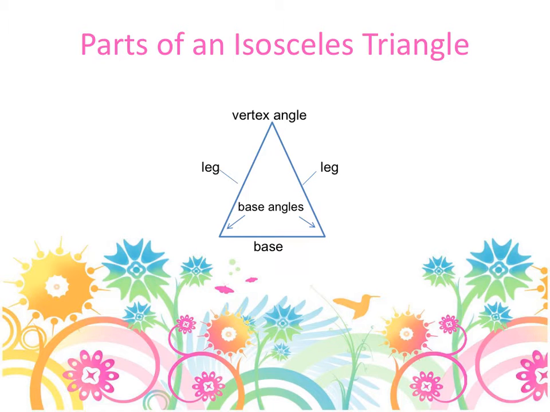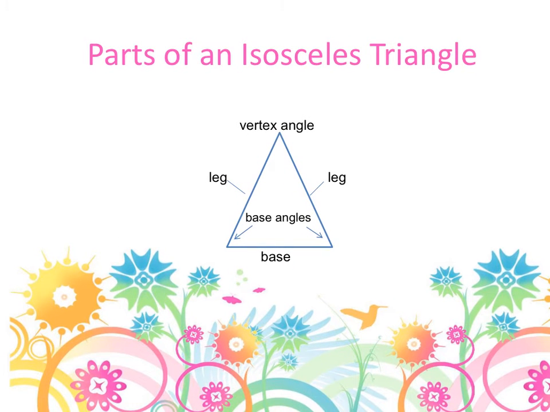an isosceles triangle. So the top angle is called the vertex angle. And it's going to be the angle that's different out of the three angles of the triangle. The two bottom angles, and they don't necessarily have to be sitting on the bottom, but the two angles that are congruent are called the base angles.